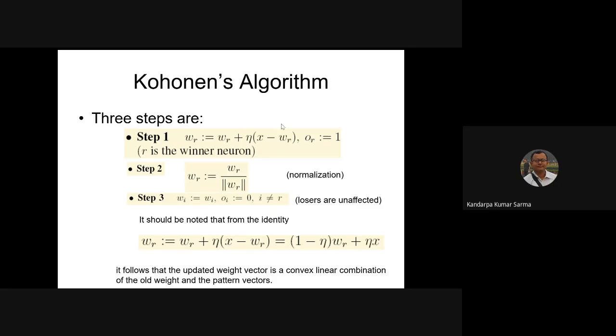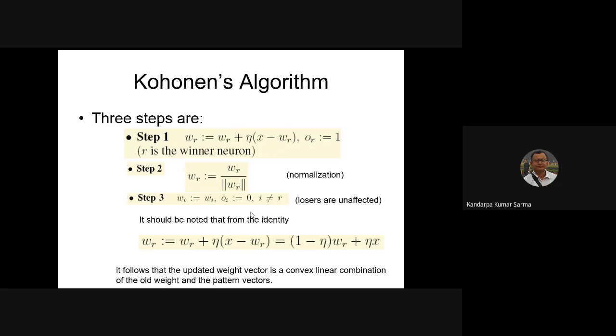Weight will be generated by taking the present value of the weight, then a step function, then a difference between the weight and the pattern vector x. The weight will be WR.